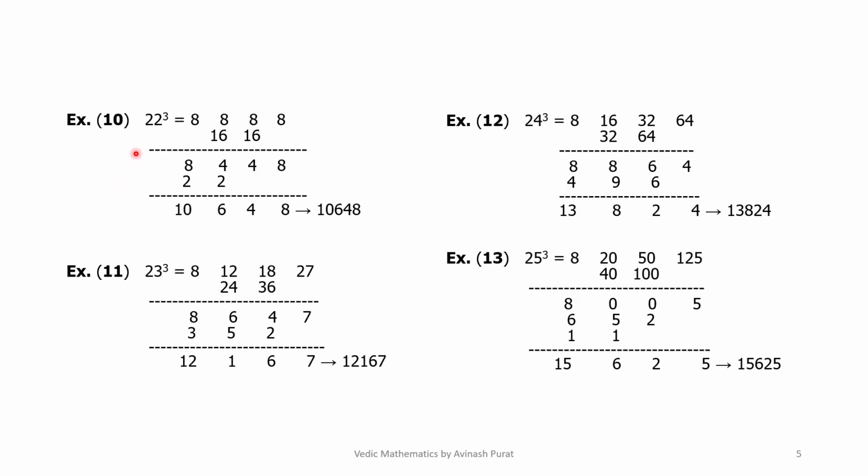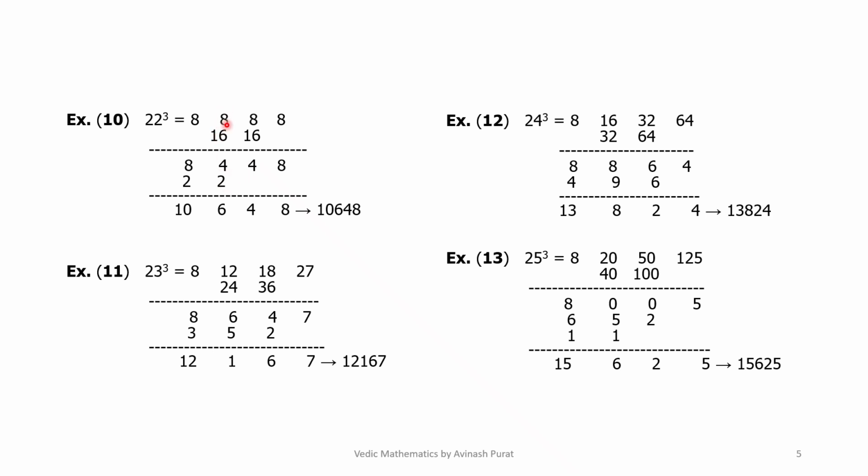10th example, 22 cube. Now 2 cube is 8 and the ratio is 1 to 1. So all the four figures are 8, 8, 8, 8. The second digit is 8 into 2, 16, and the third digit is 8 into 2, 16. Now total: 8, 8 is taken down. 16 plus 8 is 24, so 4 is taken down and 2 is taken to the left.